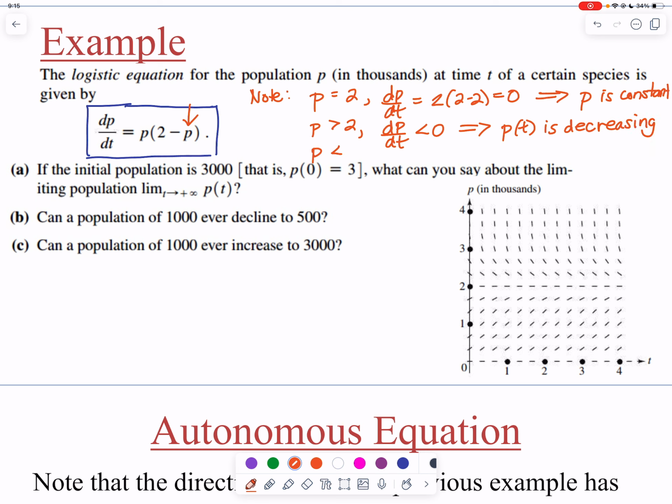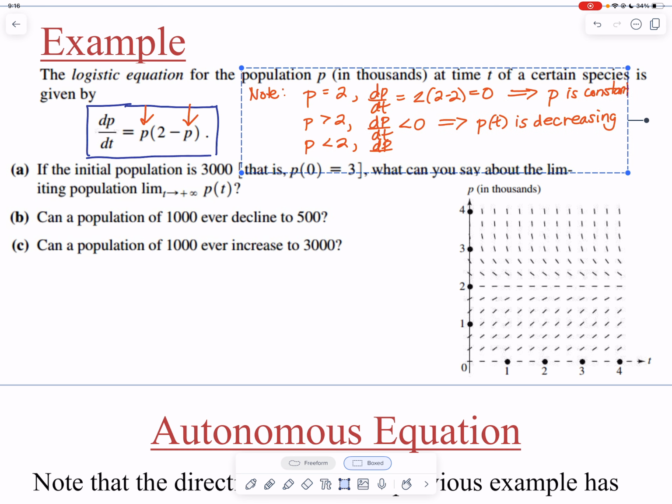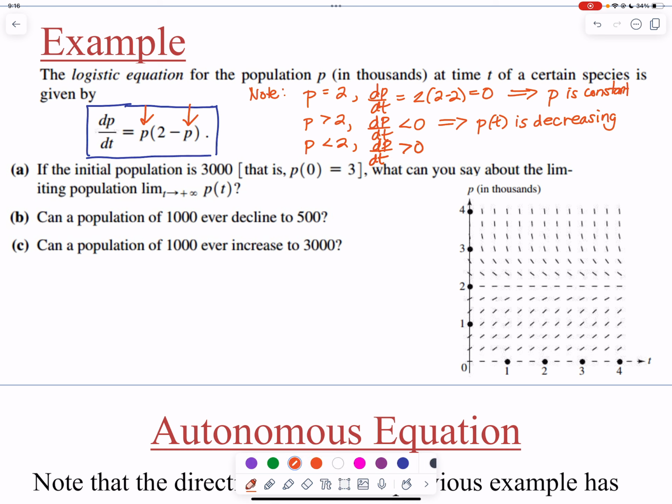And if P is less than 2, think of a number maybe 1, dP/dt is going to be positive, which means P of t is increasing.